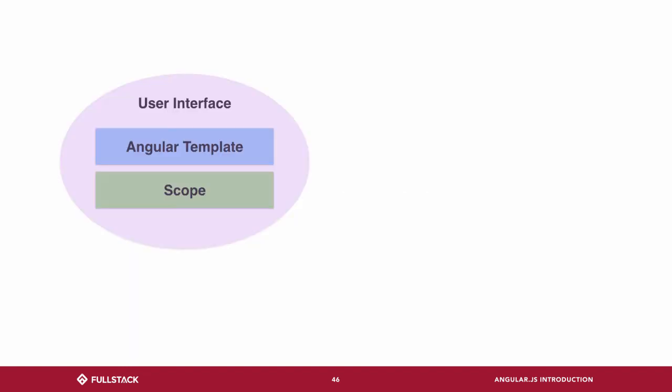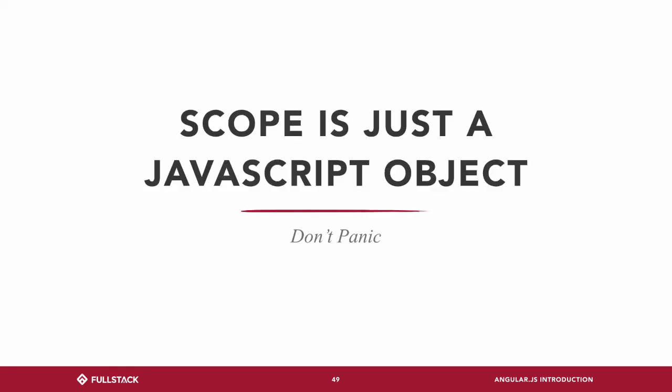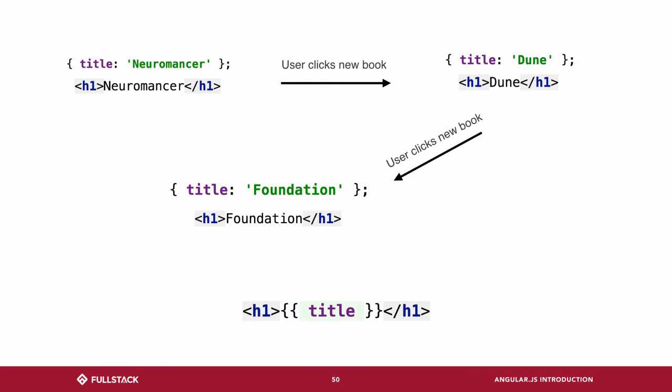So we looked at this concept of controllers, where we have a template and a scope, and it's the controller that passes this data back and forth. Our user interface is a combination of our templates and our scope, but it's done within the context of a controller. A key thing here is that this scope is just a regular object.